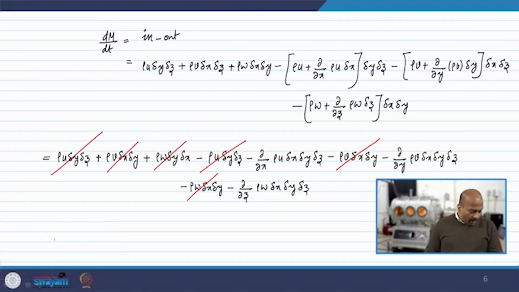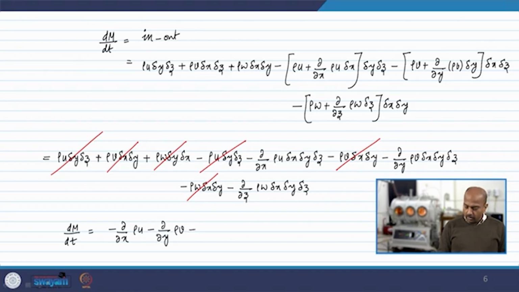We will gather all those terms, and the sum of those is equal to the rate of change of mass, dm by dt, which will be minus dou by dou x of rho u, minus dou by dou y of rho v, minus dou by dou z of rho w, multiplied by delta x delta y delta z. So, we will stop at this step.